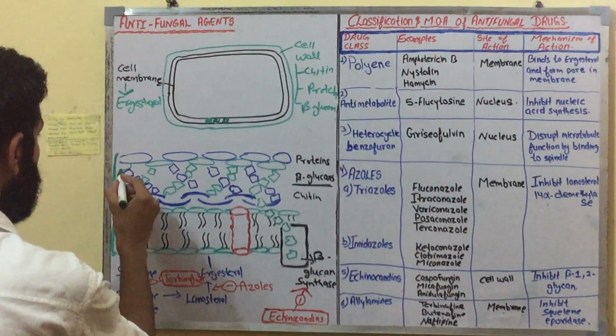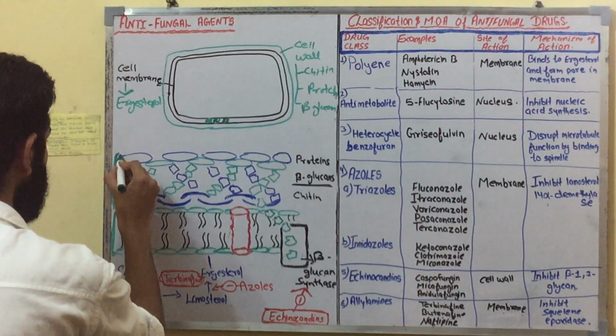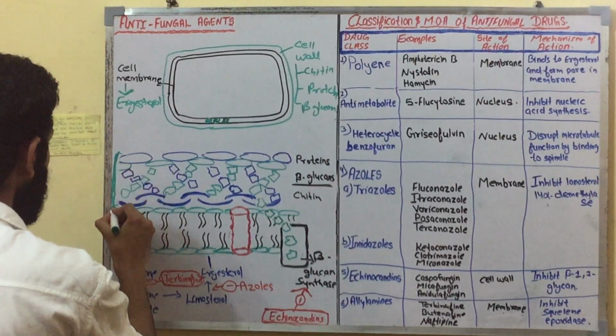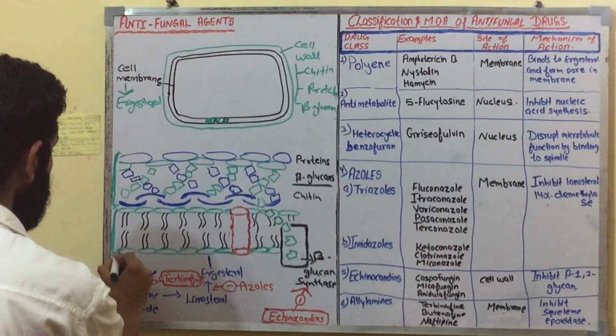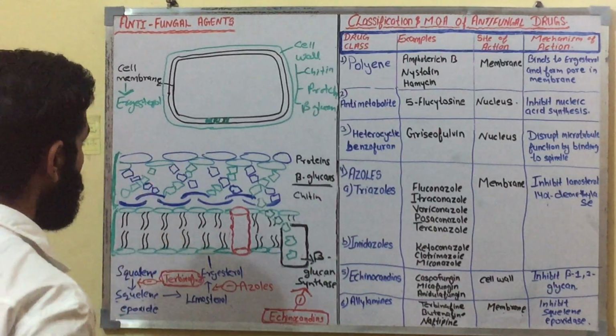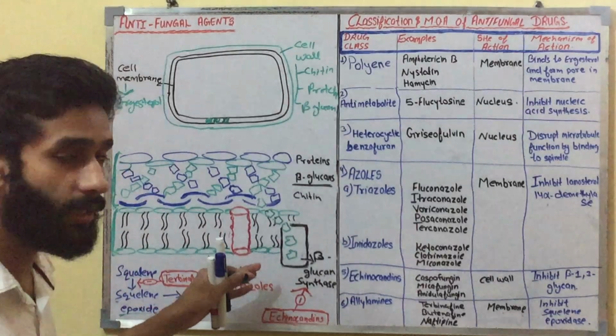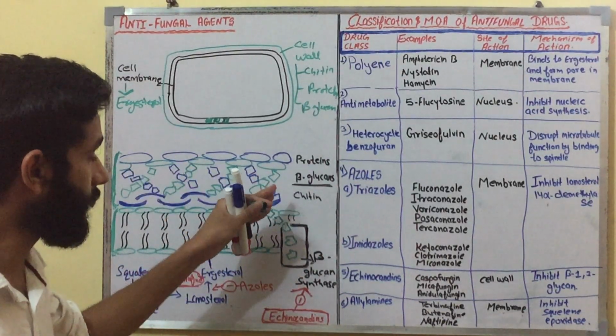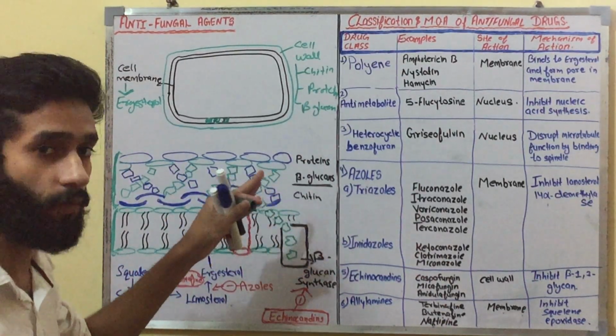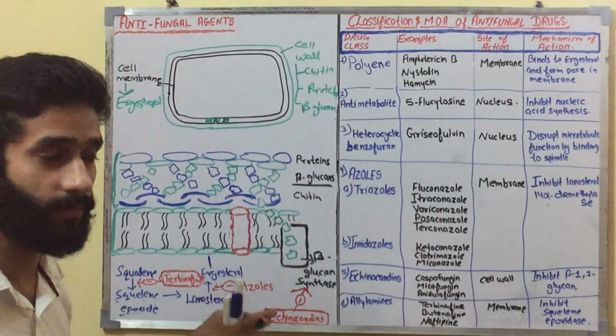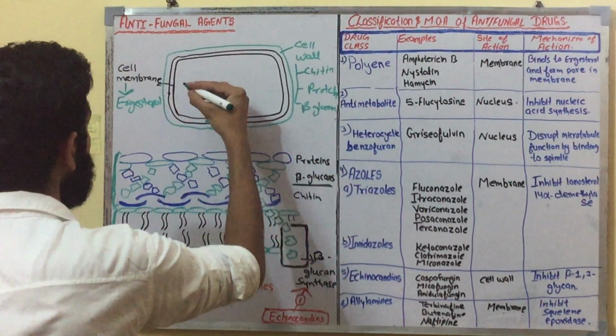Look at this structure. This part is the cell wall of the fungus, and this part is the cell membrane of the fungus. Mainly drugs bind on the cell membrane of the fungus, and some of them bind with the cell wall. Now come inside the cell.